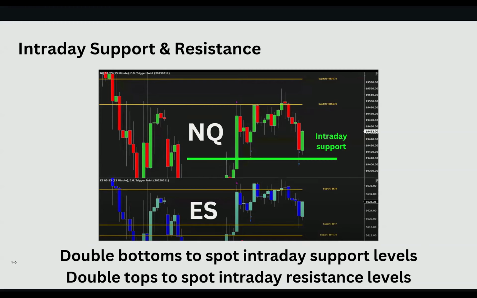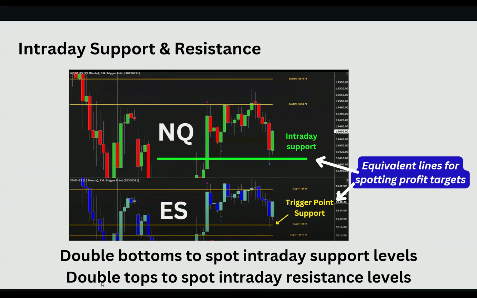So this is an intraday support validated before, acted as resistance, and this is a trigger point support, and these two levels are the equivalent levels we're looking for when spotting profit targets.